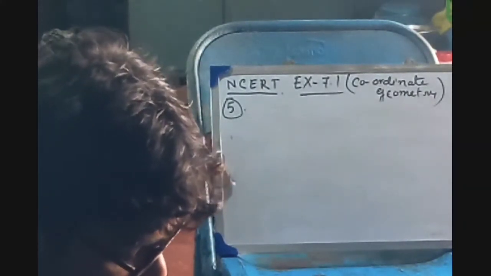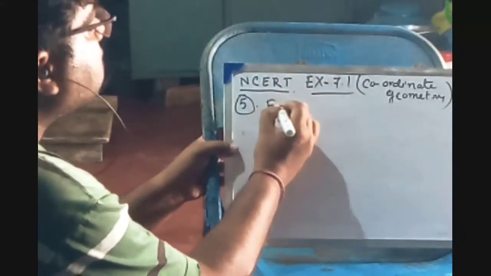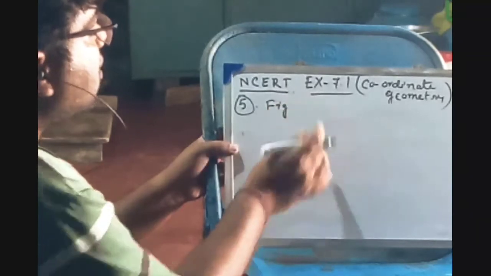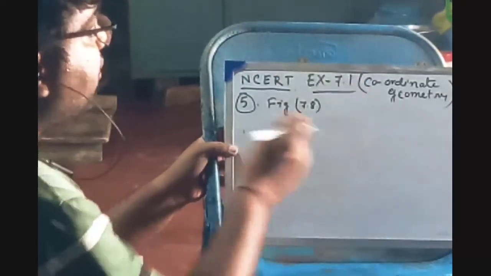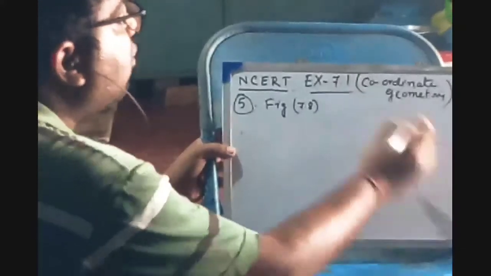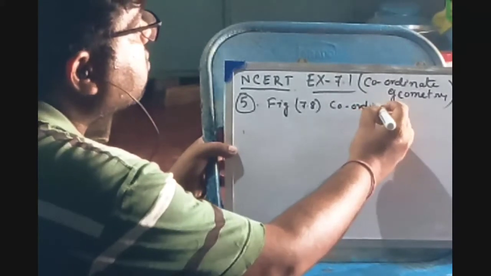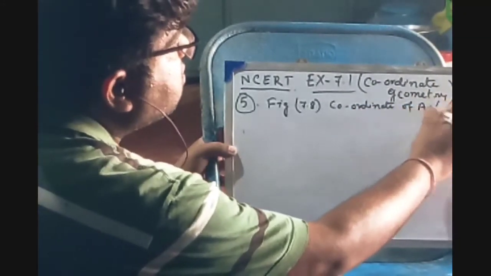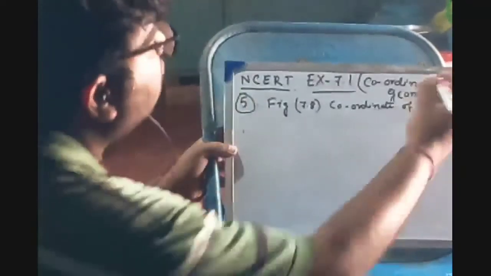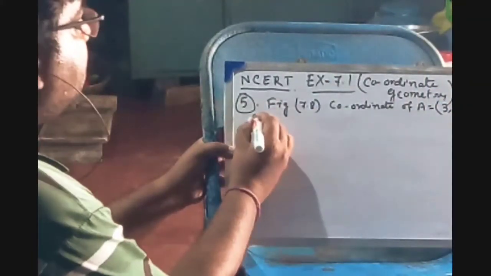we can see the coordinates from figure 7.8. Coordinate of A will be (3, 4).